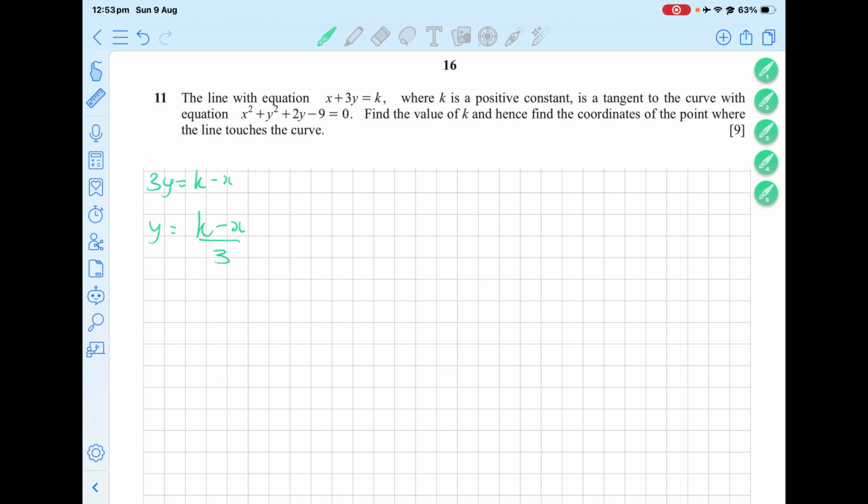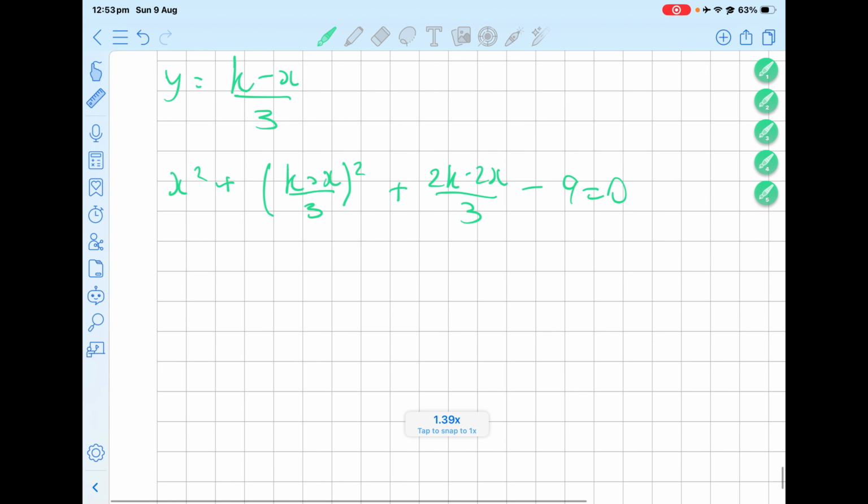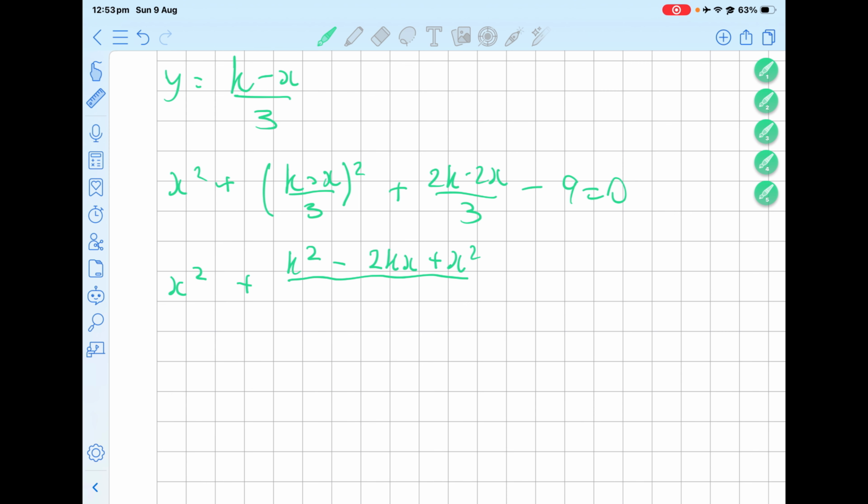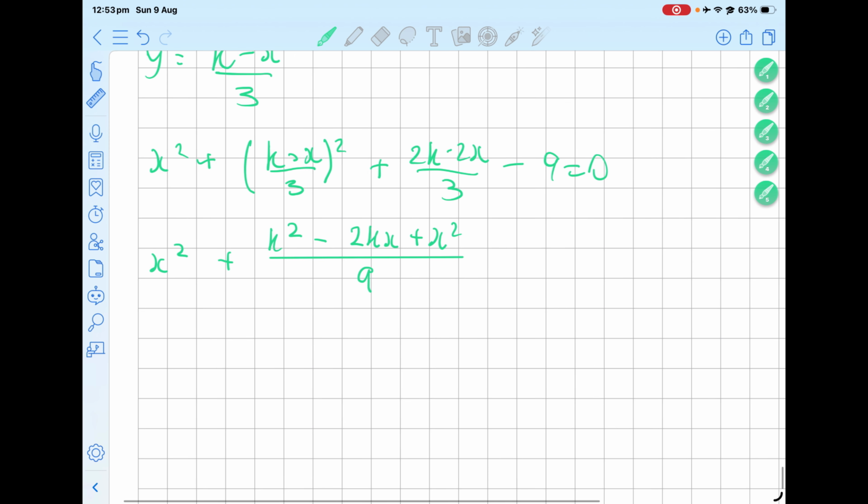So x squared plus (k minus x over 3) the whole thing squared plus 2k minus 2x over 3 minus 9 equals 0. So x squared plus k squared minus 2kx plus x squared over 9, and then 2k minus 2x over 3 minus 9 equals 0.